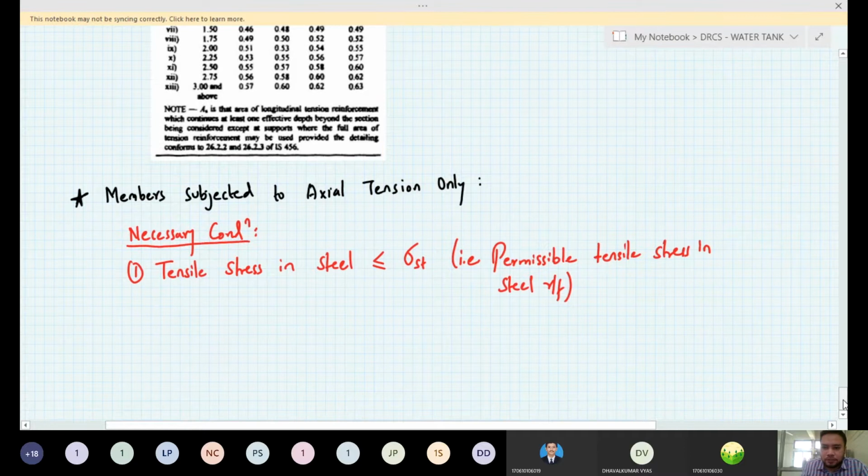Okay, so this is the first condition. If T is the tensile force, then the tensile stress in steel will be T divided by the area of the steel, that is AST.